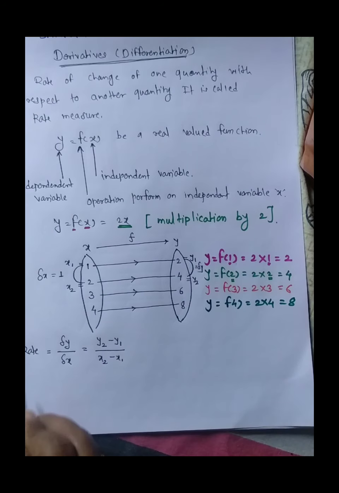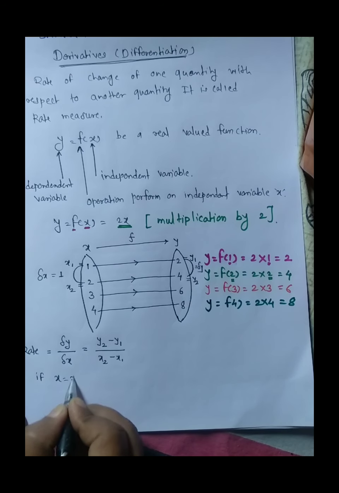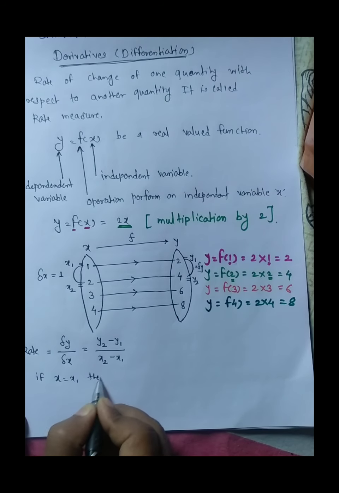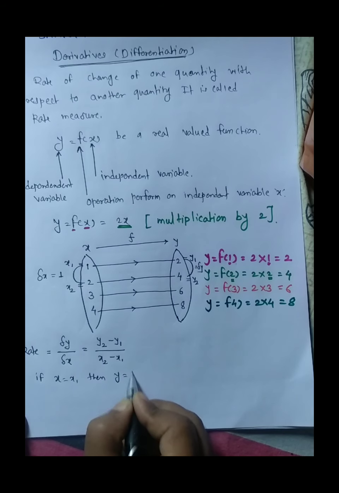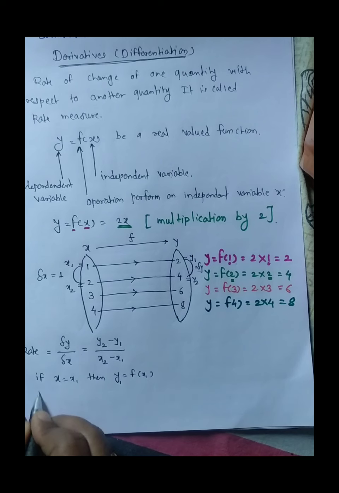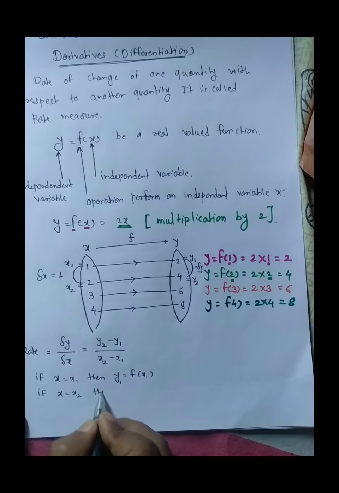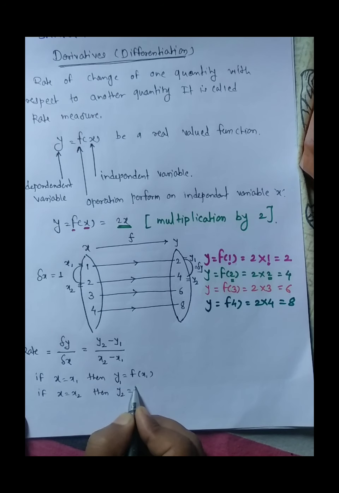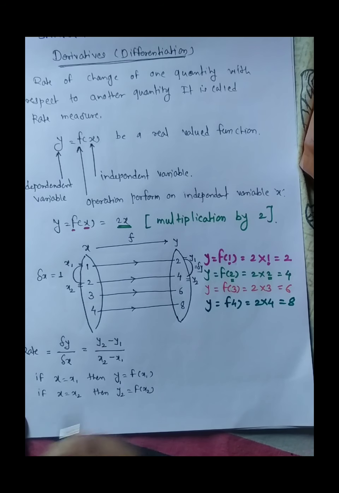That is, if x is equal to x1, then y1 is equal to f of x1. If x is equal to x2, then y2 is equal to f of x2.